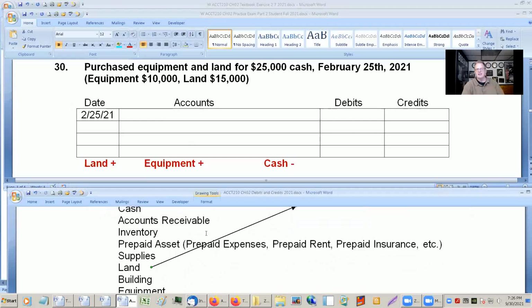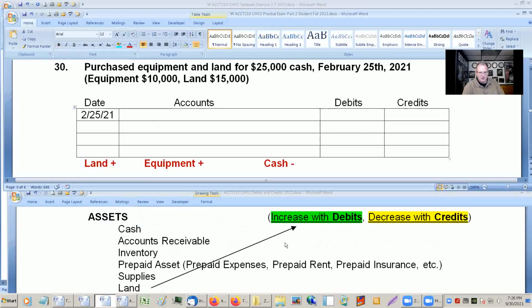Yes, yes, and yes. So land is going up, so it's increased with the debit. It's with debits. It's 15,000. Equipment is also an asset.